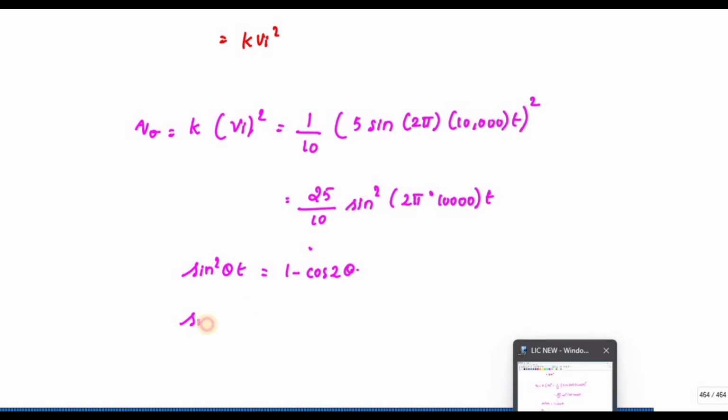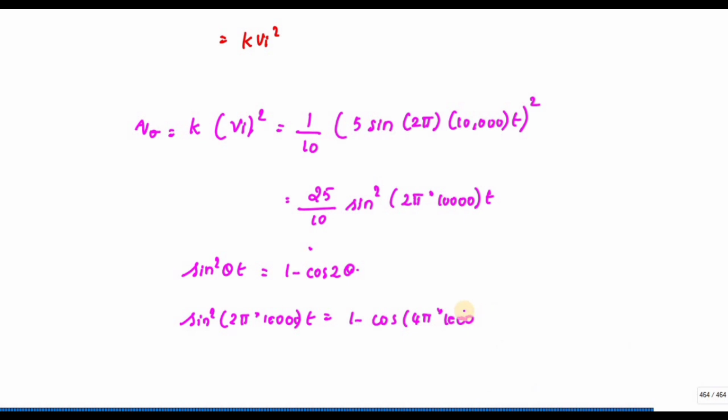So, I can write sine square 2 pi into 10,000 t as (1 minus cos of 4 pi into 10,000 t) divided by 2. Substituting in this formula, what is my V naught?